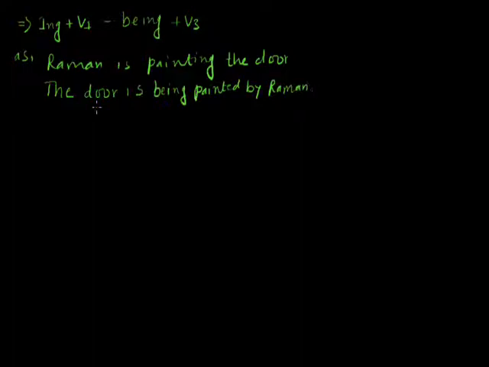Let's see some more examples. Varsha was decorating her room. In this sentence the ing form of decorate is used. When we make the passive voice of this sentence, we will pick up the object, her room, in the beginning.